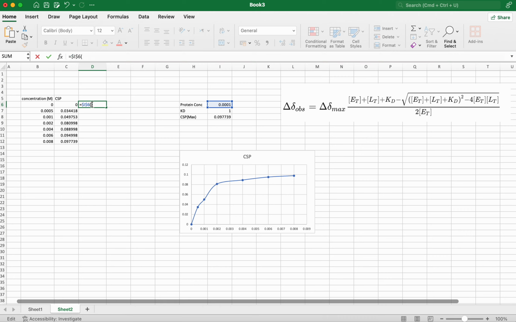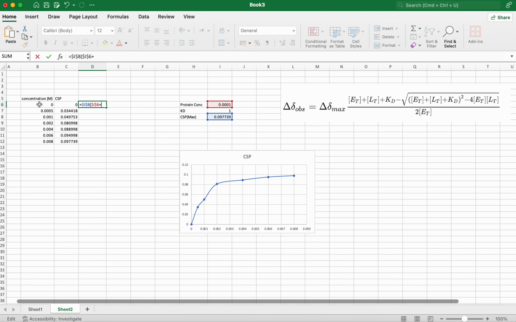Then I put the delta max. First I put CSP max, with the dollar sign, and then we add the total protein concentration. So this also has to be fixed, not variable. Then plus the ligand concentration.